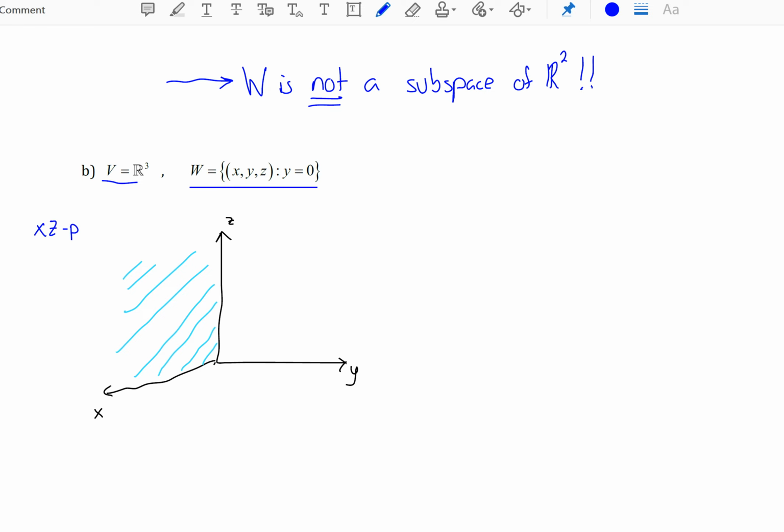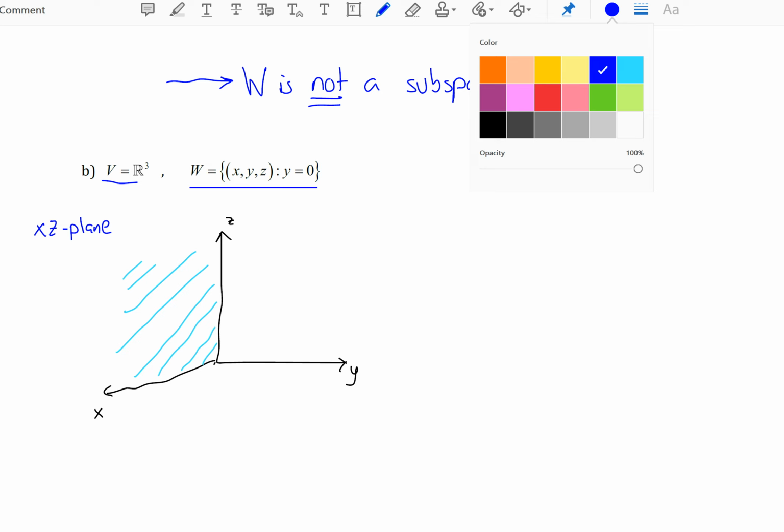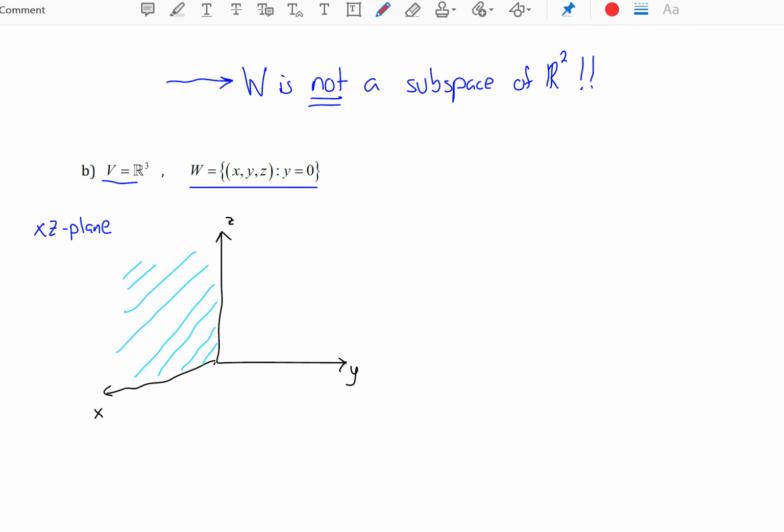If Y is 0, then X and Z is what's allowed to have values in it. So we'd be looking at maybe vectors that move off in this direction in the XZ plane, or vectors that move in that direction in the XZ plane. So we want to know, is this definition of W enough to call this a subspace?